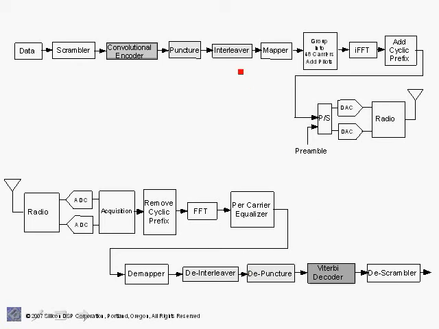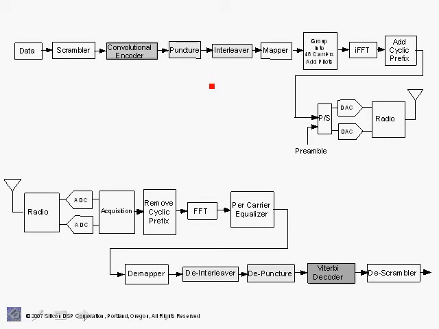The interleaver takes the incoming bits and permutes them, and the de-interleaver does the reverse operation and takes the permuted bits, puts them in the same order as the inputs to the interleaver at the transmitter, so that they're reverse operations.